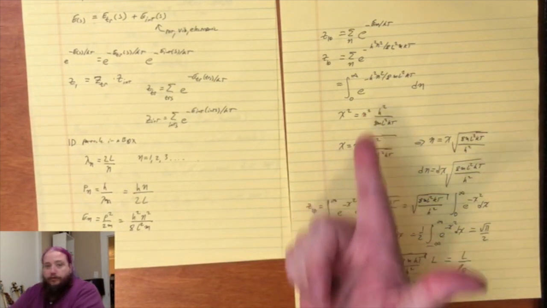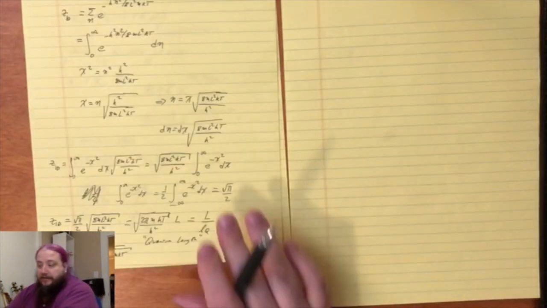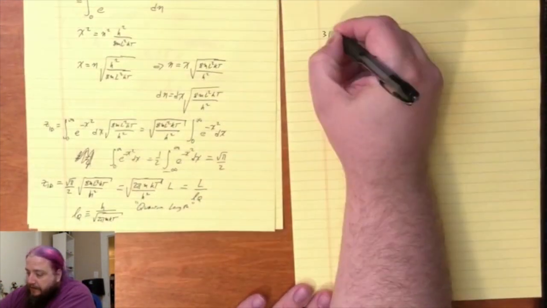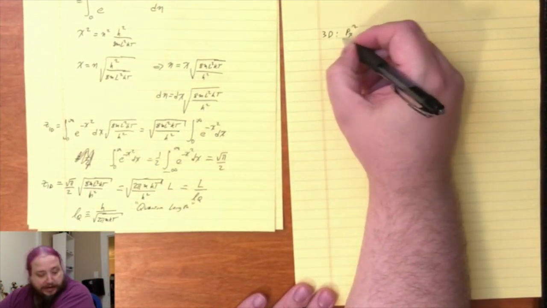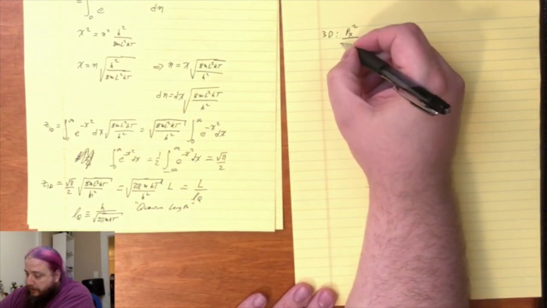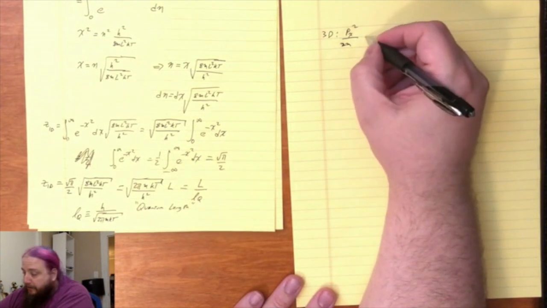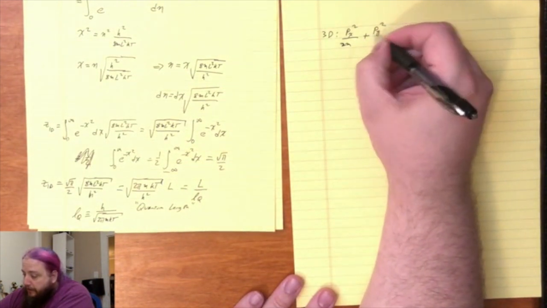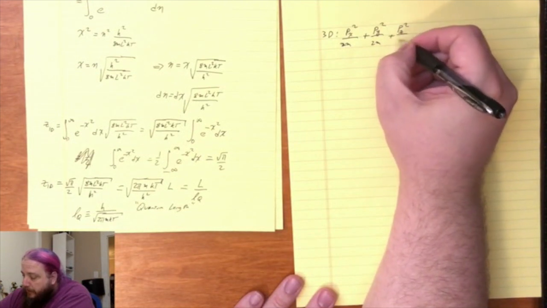So we just worked through that for one dimension. Our particle in a box is probably a particle in a three-dimensional box. So in 3D, we're going to have p squared over 2m, px squared over 2m plus py squared over 2m plus pz squared over 2m.